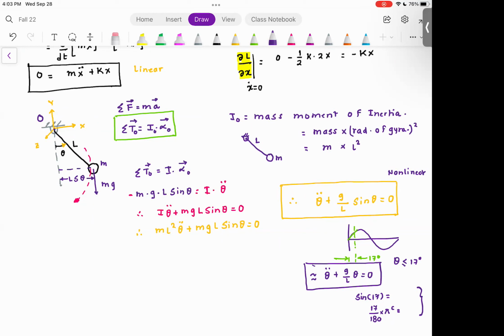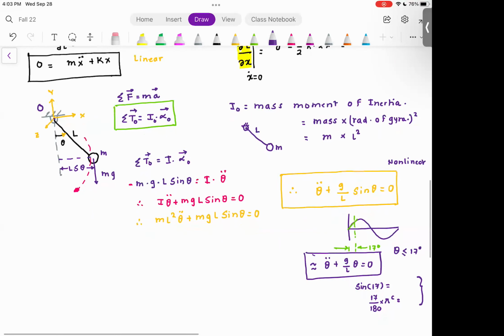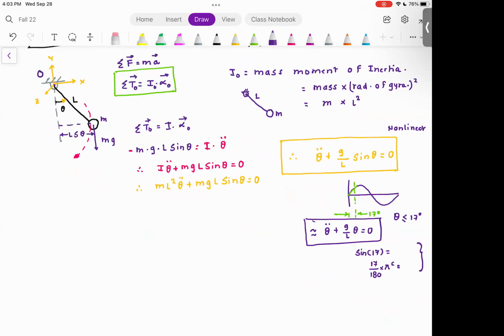Now let's try to derive the same expression using the energy technique. First, I'm going to write down the expression for kinetic energy. Kinetic energy for a rotational object is 1/2 I theta dot square, which is mass moment of inertia multiplied by the angular velocity square.